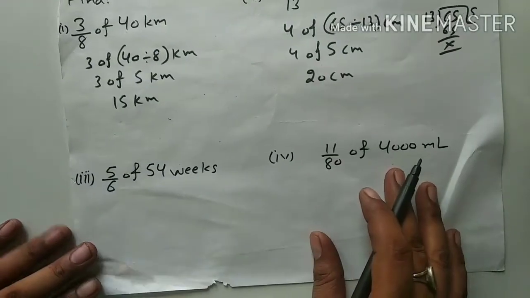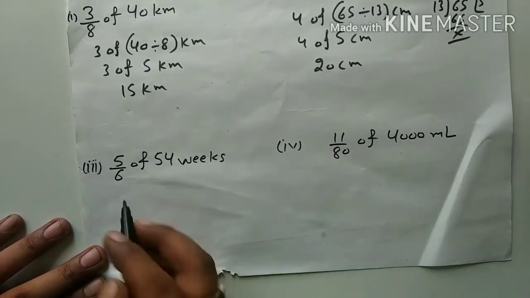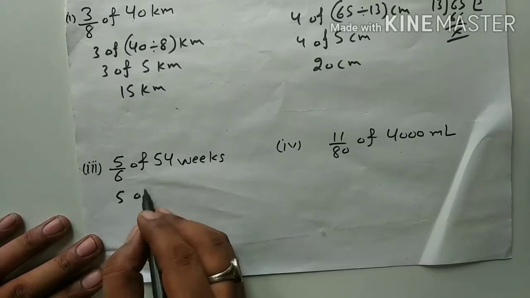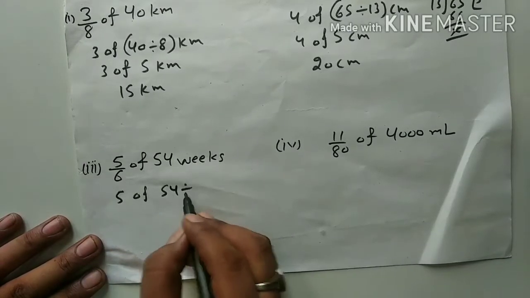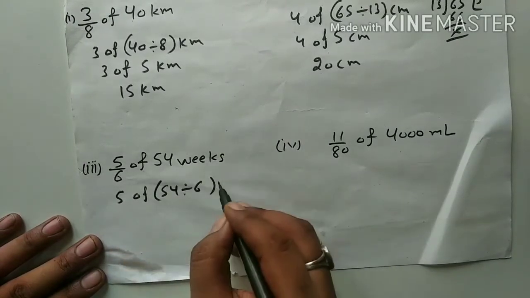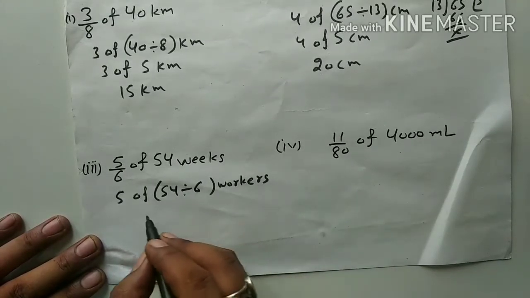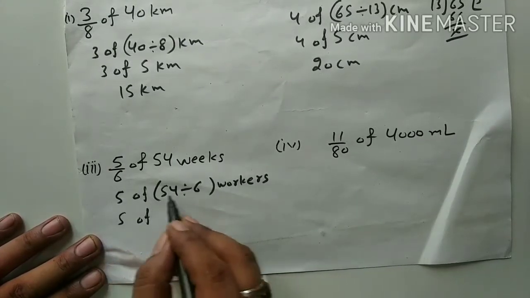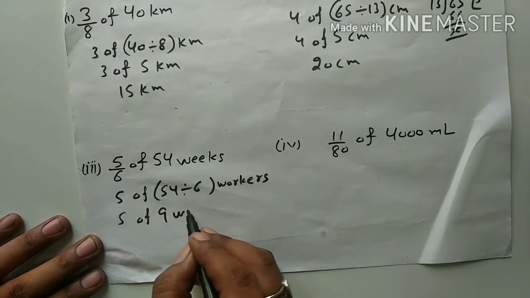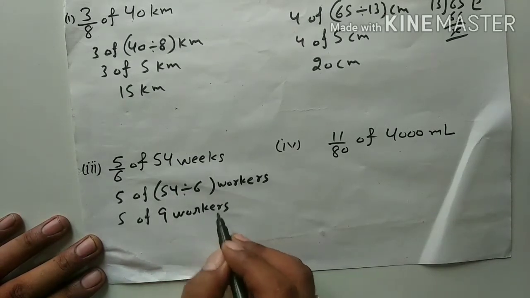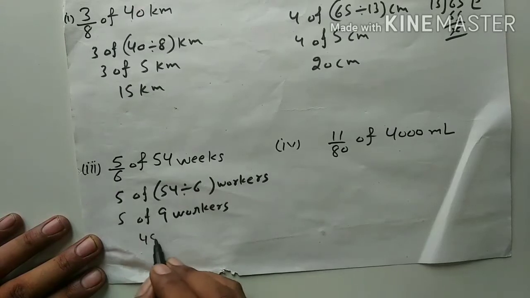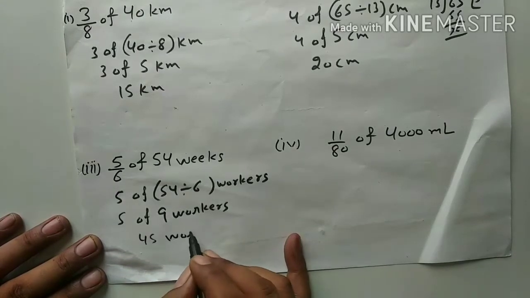Okay. Now 5 of 54 divided by 6 workers. Now 5 of 54 divided by 6, that is 9 workers. That is 5 multiply 9, 45 workers.